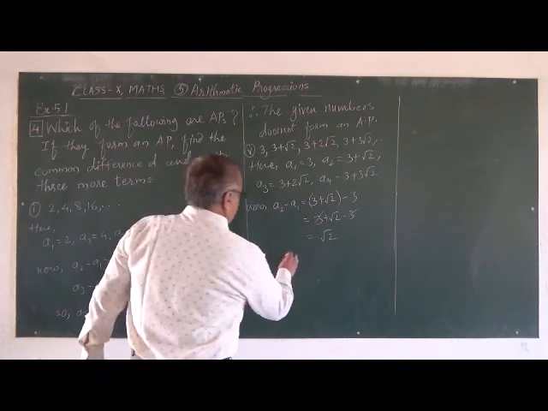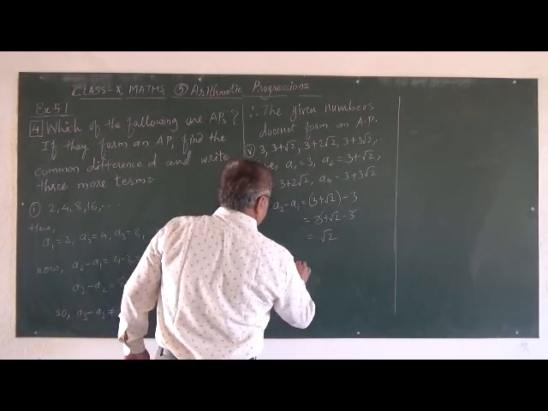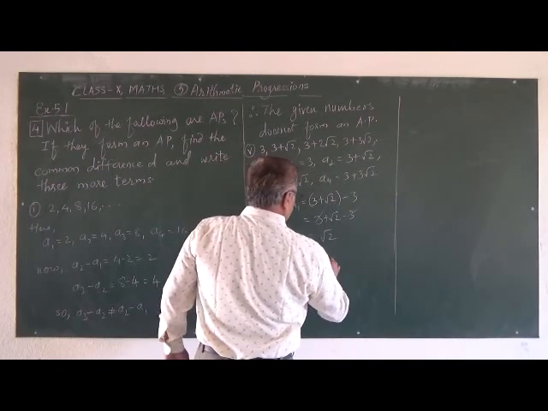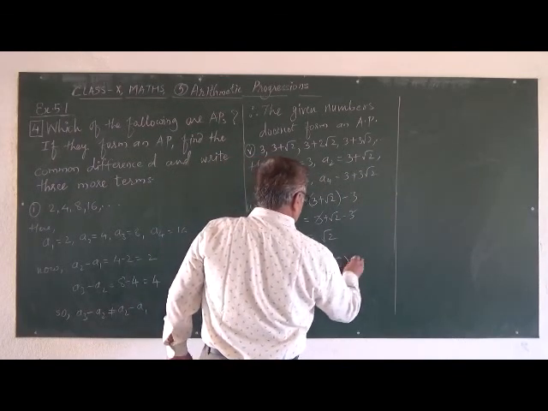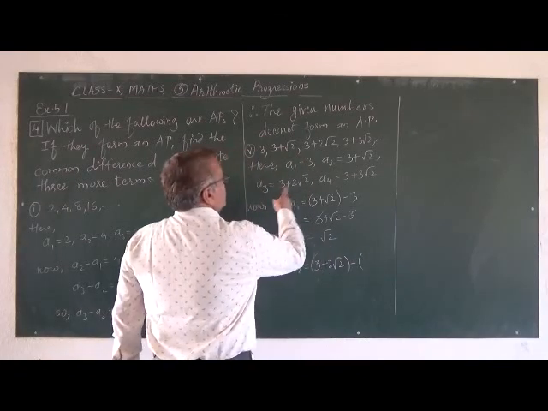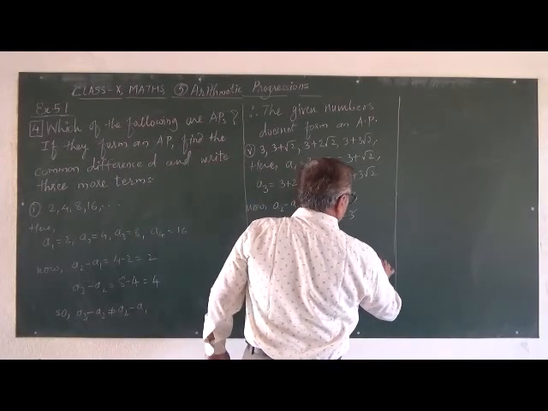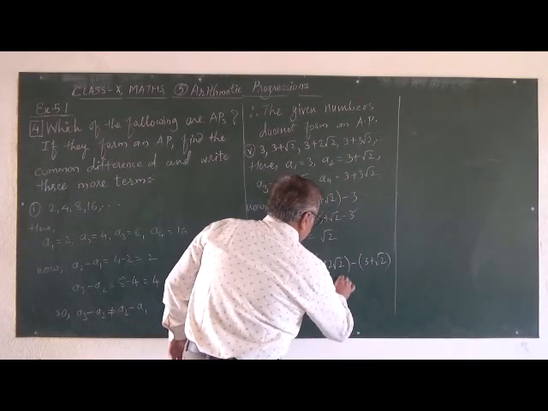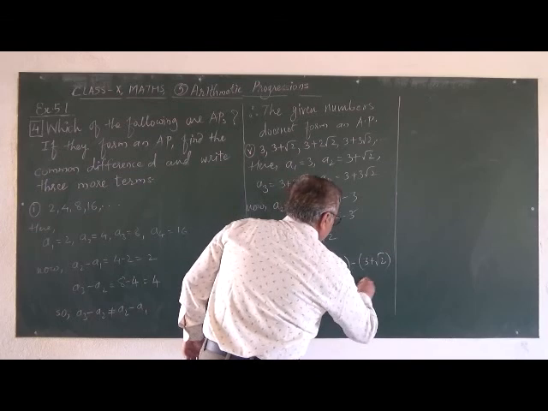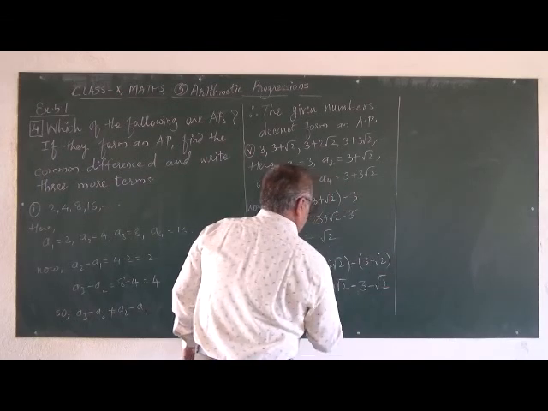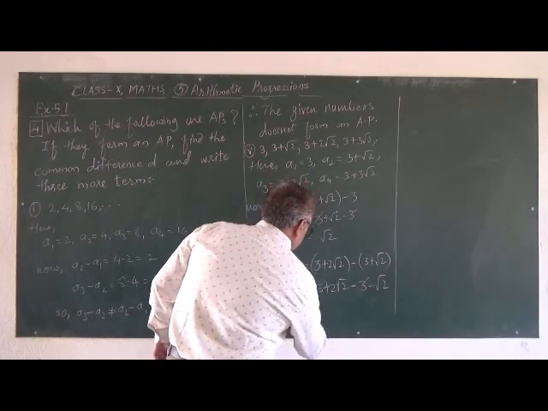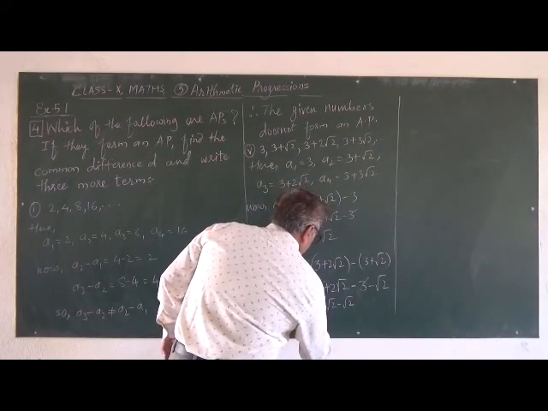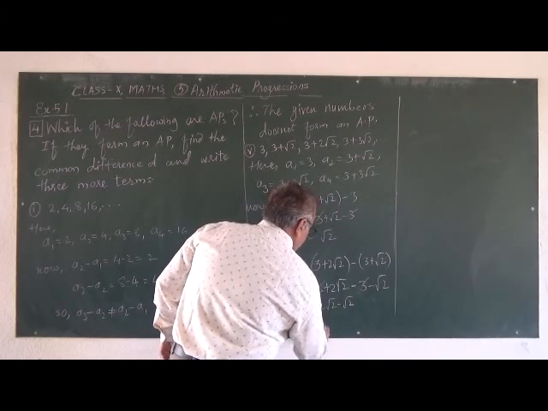Now you find out A3 minus A2. A3 is 3 plus 2 root 2 minus A2, which is 3 plus root 2. Open the bracket: minus 3 minus root 2. So 3 minus 3 cancels. We are left with 2 root 2 minus root 2. So 2 minus 1 is 1.